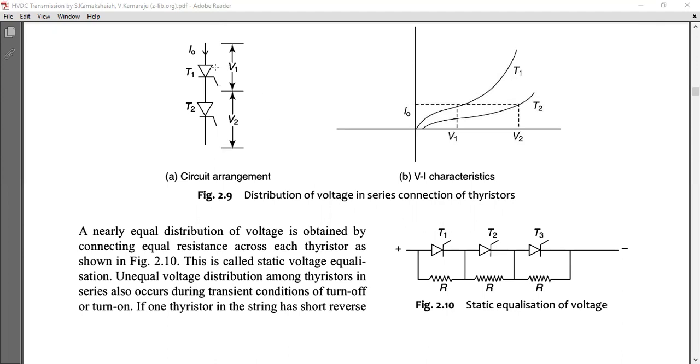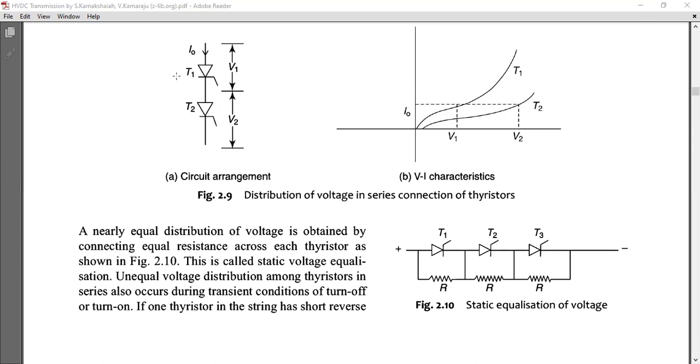If any two thyristors had the same characteristics, we could take the voltages as V and V. But since no two thyristors have similar characteristics, I am writing different voltages, V1 and V2.